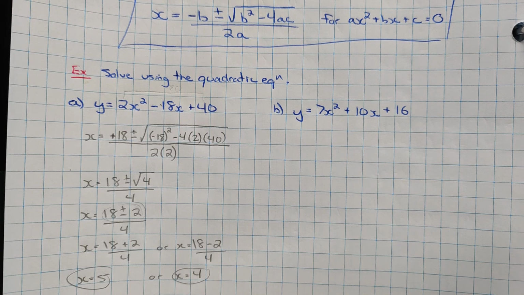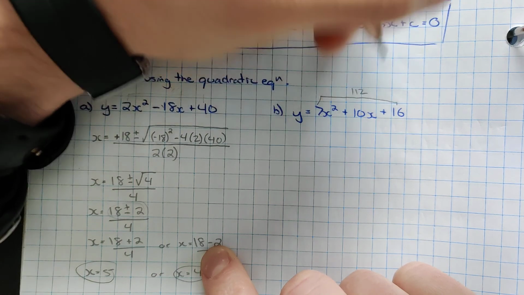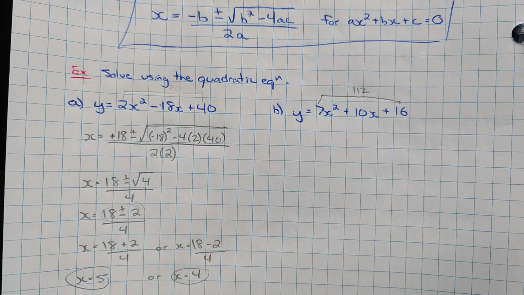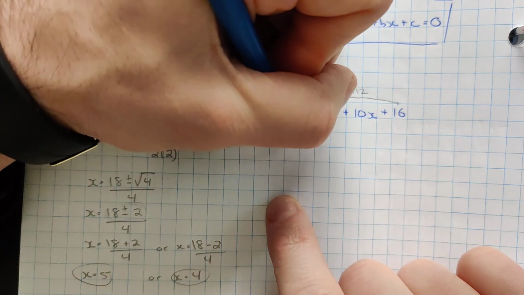In the next case here, finding two numbers that add to 10 and multiply to 112 is going to give us a little bit of an issue. So let's try the quadratic equation.